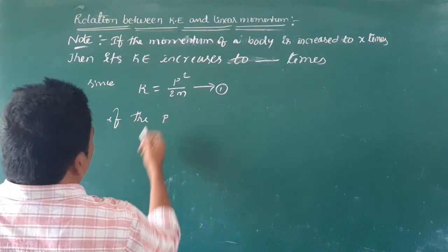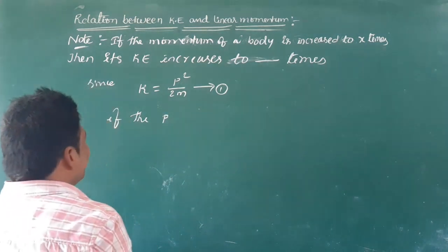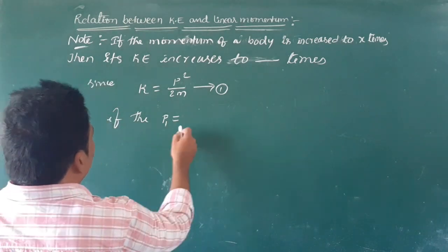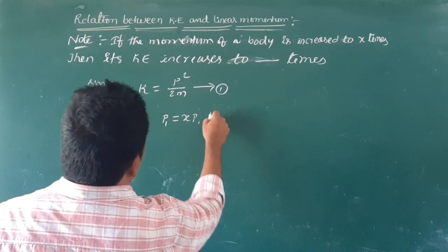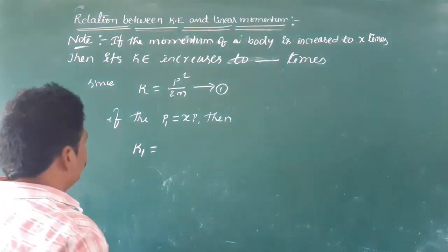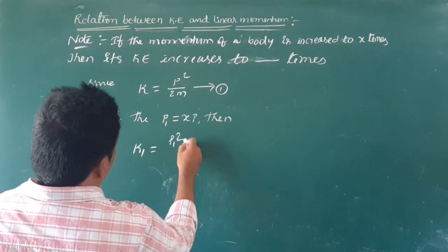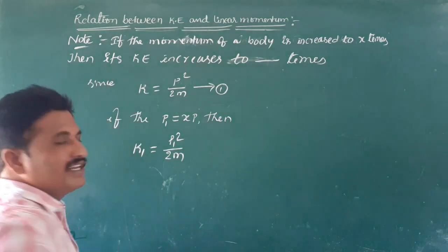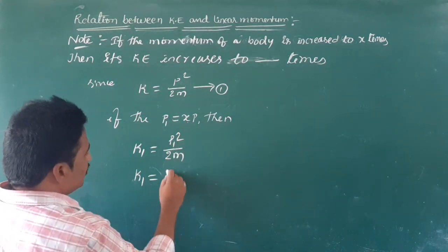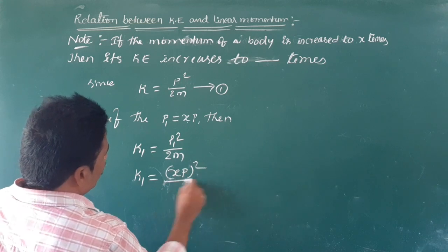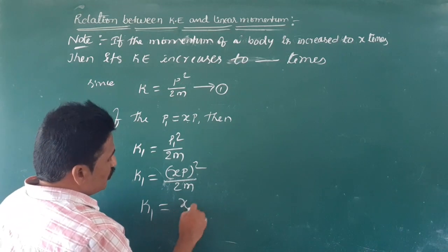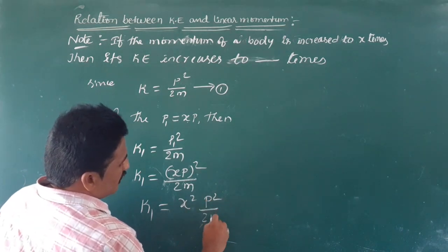If the momentum increases, if P1 is equal to xp, then K1 is equal to P1 square by 2m. Mass is the same here, students. From that, K1 is equal to (xp) whole square by 2m, so K1 is equal to x square p square by 2m.